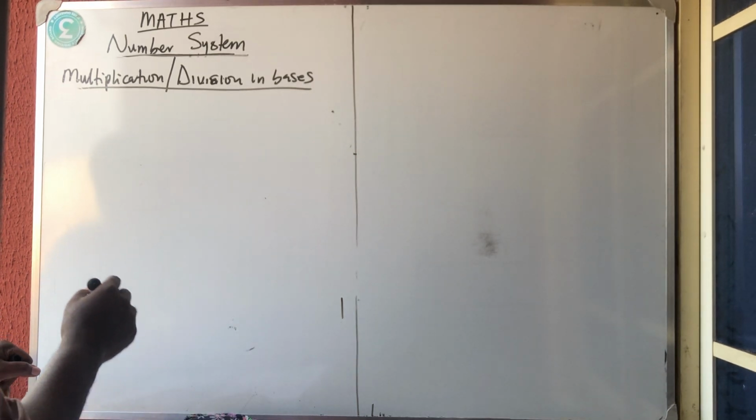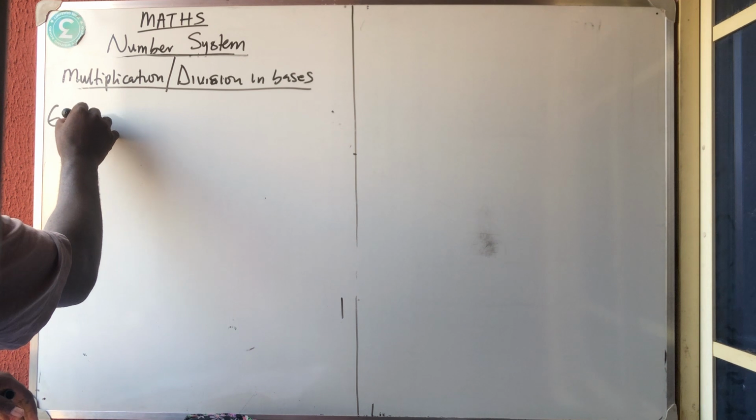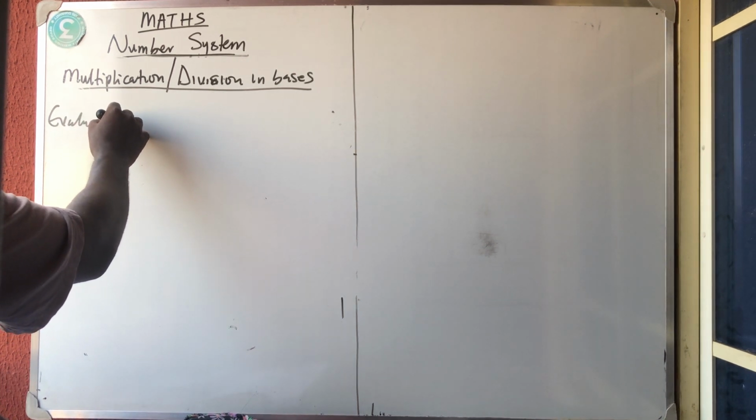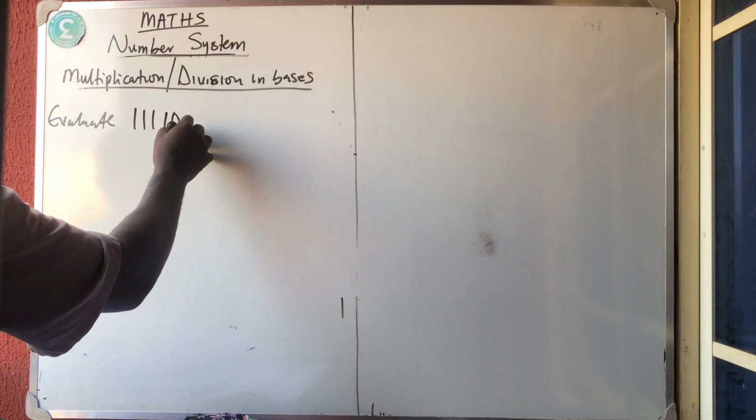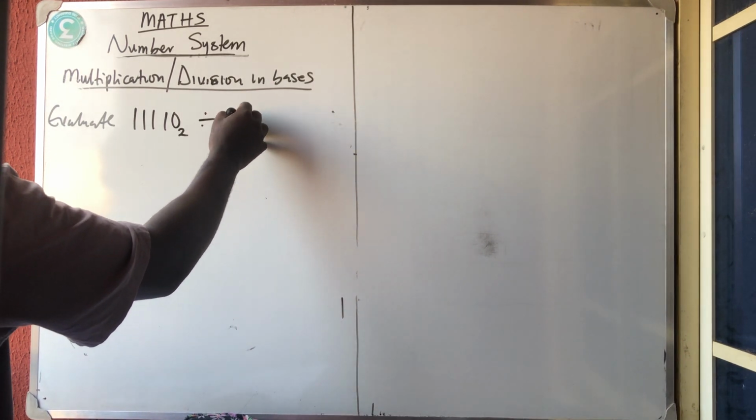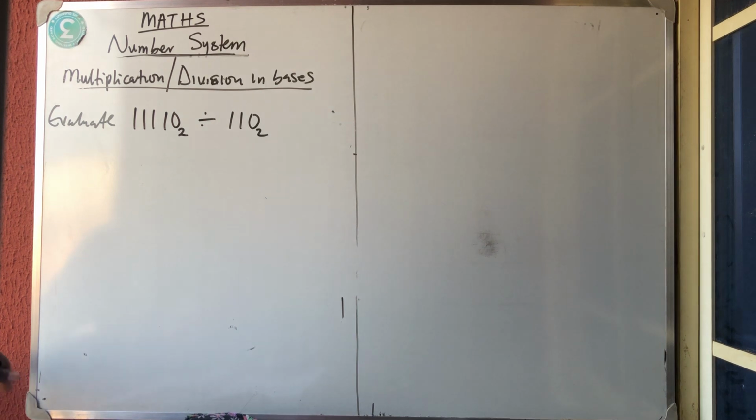So the first question here said evaluate 11110 base 2 divided by 110 base 2. Okay, so the first thing we do is to convert them to base 10.